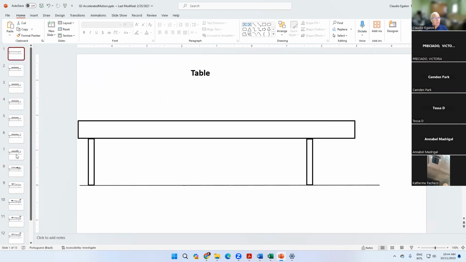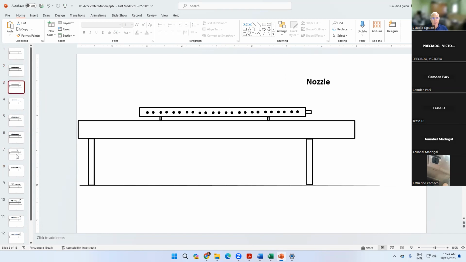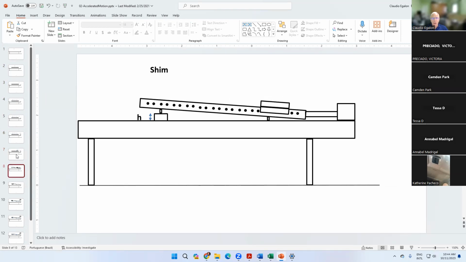So let's go one by one. Table, air track, nozzle, distance between the legs, hose, pump, glider or cart with length L, shim of height H. What's the role of the shim there? The role of the shim is to accelerate the cart, right?